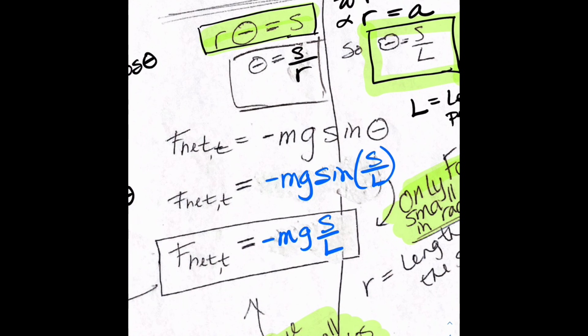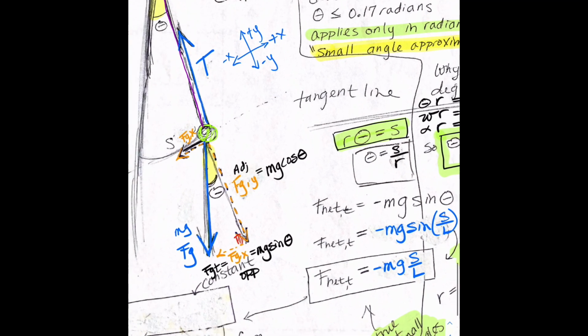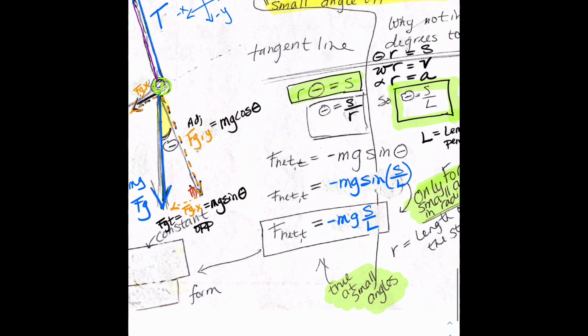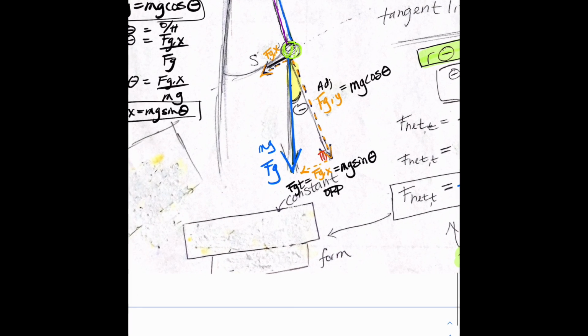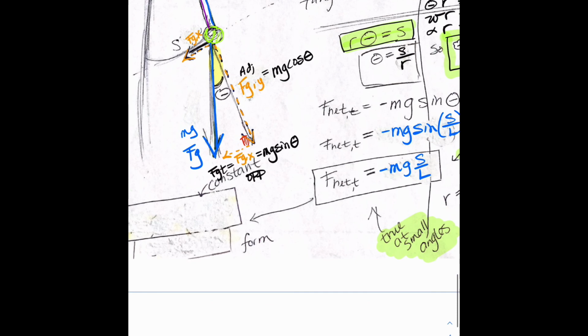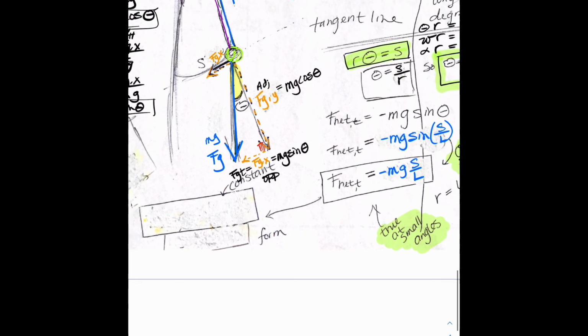Okay, so let's bring it back home. Let's talk about whether this is a linear restoring force. That's kind of what we're getting at. So let's rewrite this in a slightly different way.